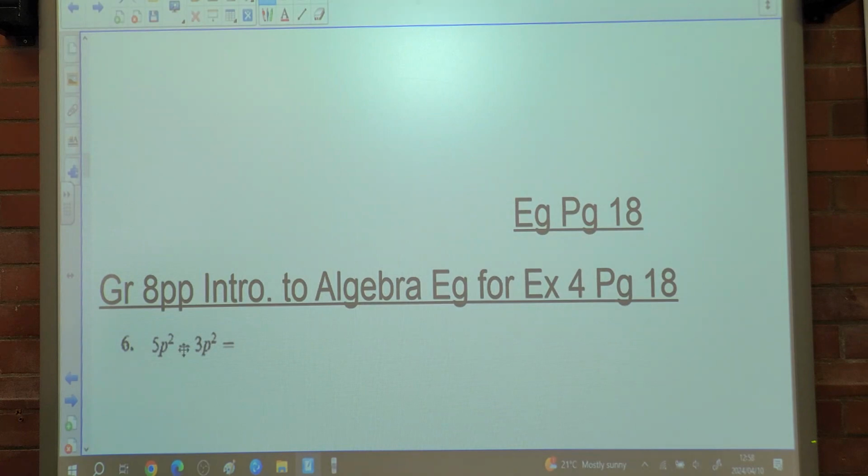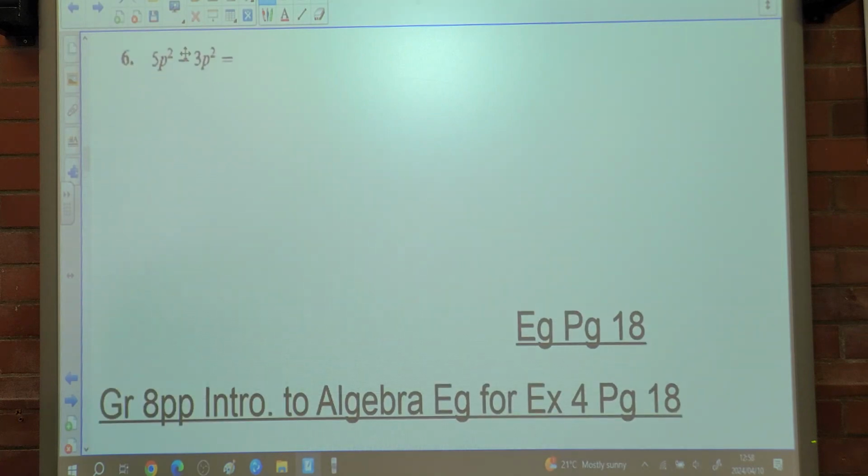Let's look at number 6. We've got 5p squared minus 3p squared. Are they like terms? Both these p squared.